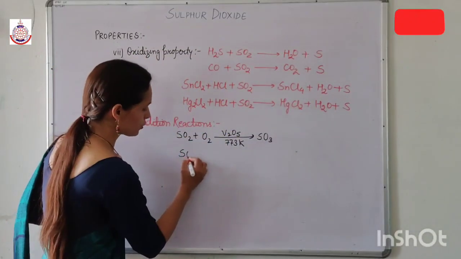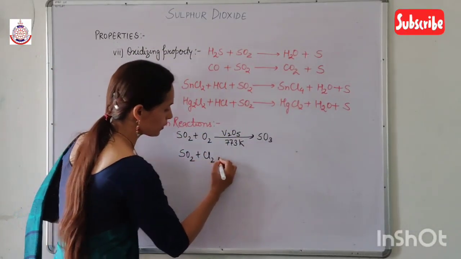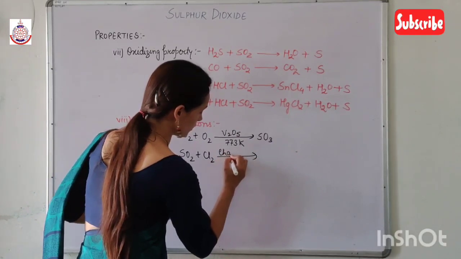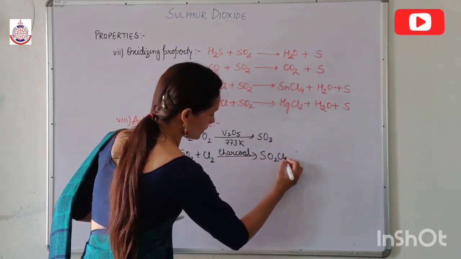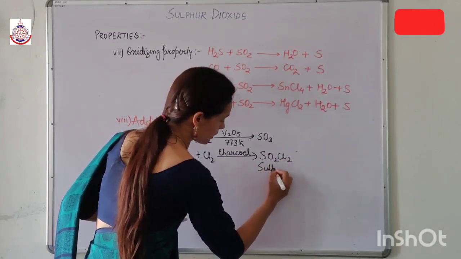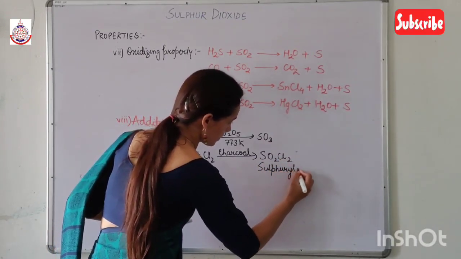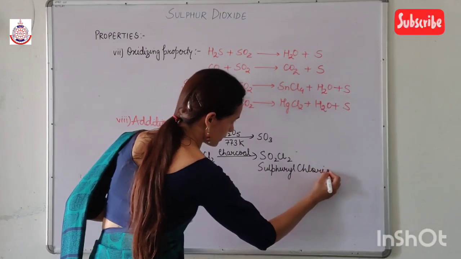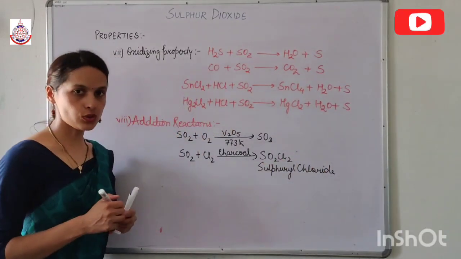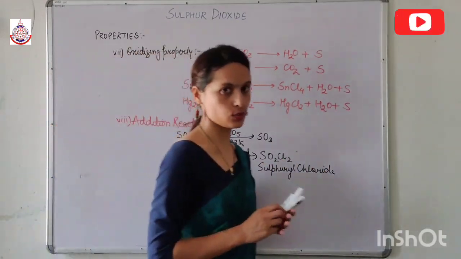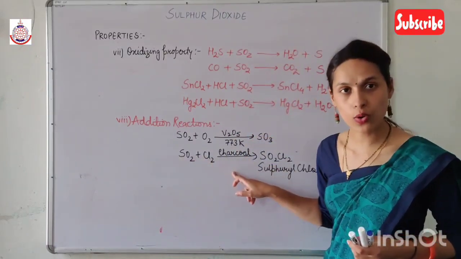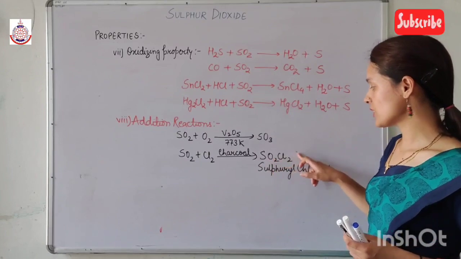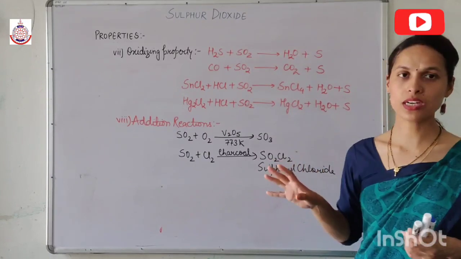Similarly, when this SO2 reacts with Cl2 in the presence of charcoal, then it forms SO2Cl2, that is known as sulfuryl chloride.